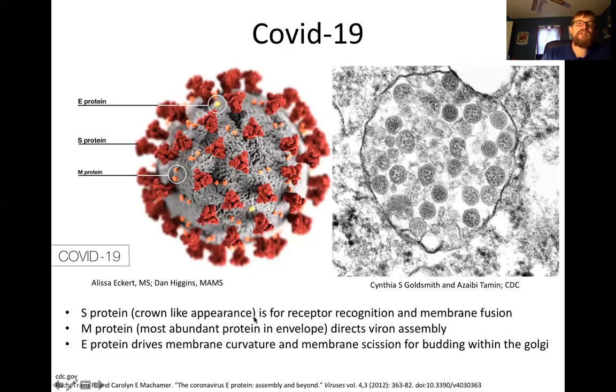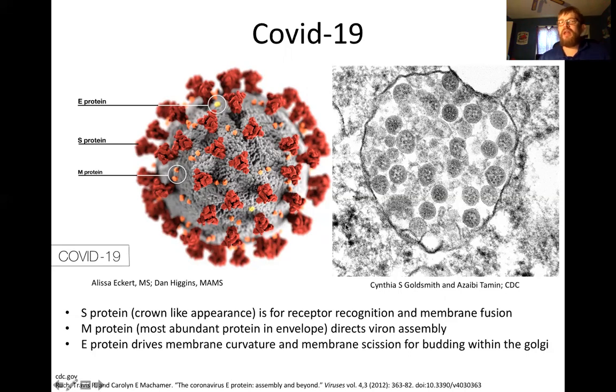And I'm sure you guys have seen the picture of SARS-CoV-2, the COVID-19 virus. And here you can see its spikes kind of look like little crowns, all right? And so all coronaviruses have this kind of general structure.